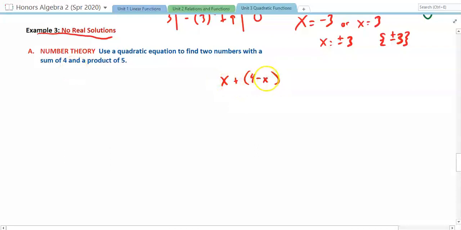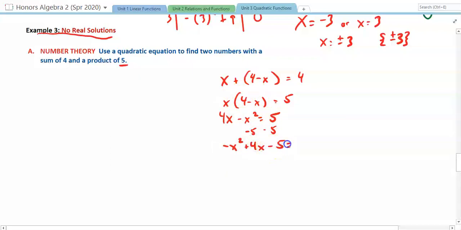Because x and negative x, when we add those together, cancel, and we get 4, right? And so when we multiply those two things together, we want a product of 5. And so we're going to get 4x, multiplying that, minus x squared is equal to 5. We're going to subtract the 5 across, and rearranging, we get negative x squared plus 4x minus 5 is equal to 0.